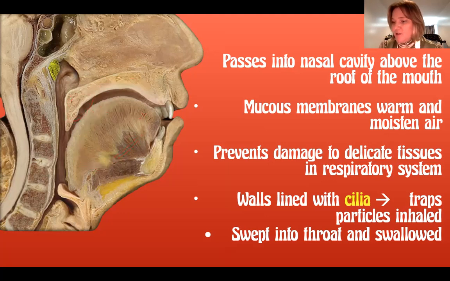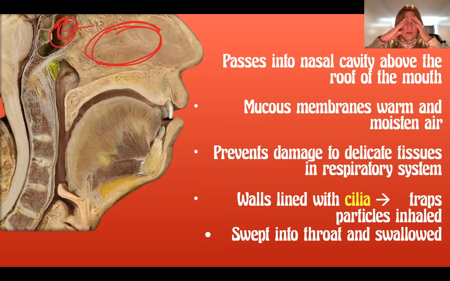So this is your nasal cavity. You can see here there's mucous membranes. That's why it looks kind of shiny. And when you are sick, this is your sinuses, I think, and your sinuses get full of phlegm. And that's when you feel lots of pressure because of course your eyeballs are just above there.